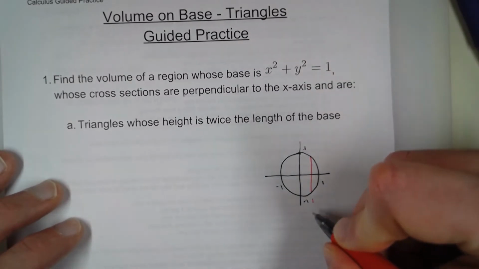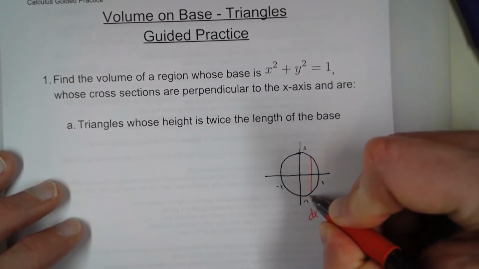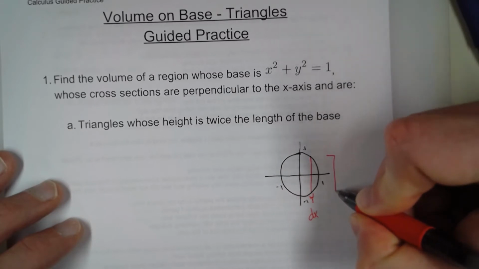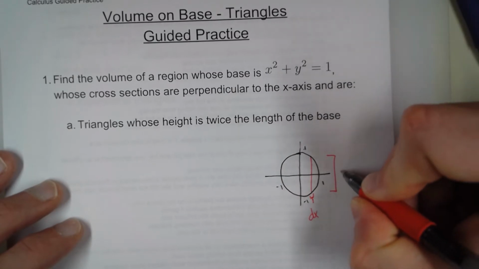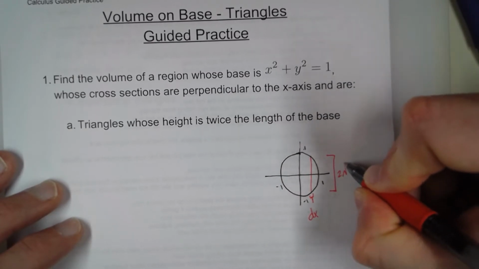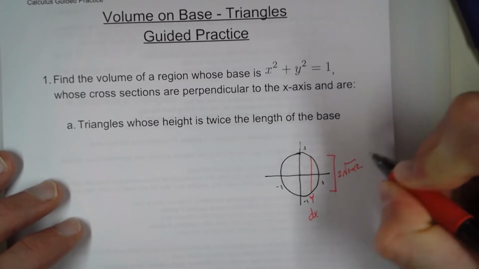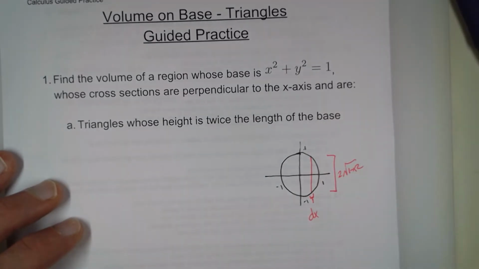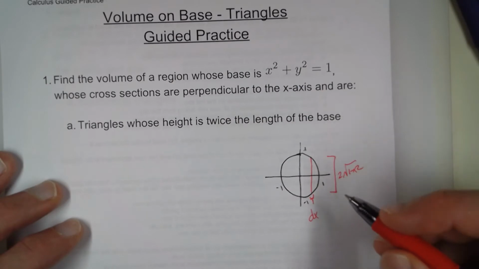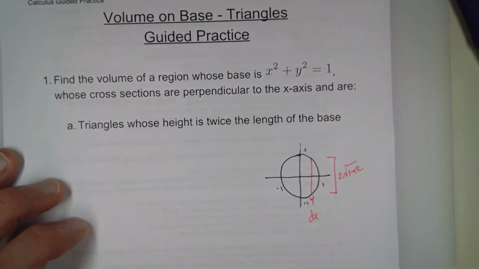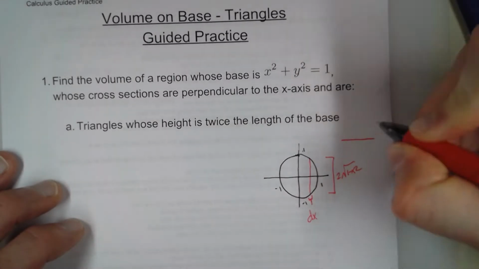And so this thickness is dx, and the length here is 2 square root of 1 minus x squared. And now, what we want to do is say, okay, if we have a triangle, what does this triangle look like?